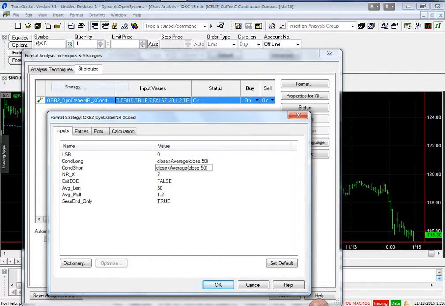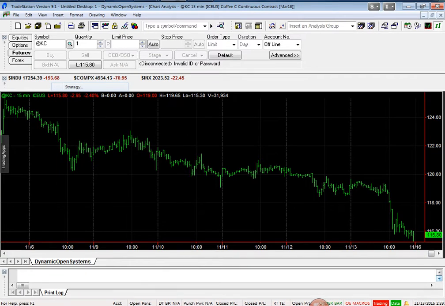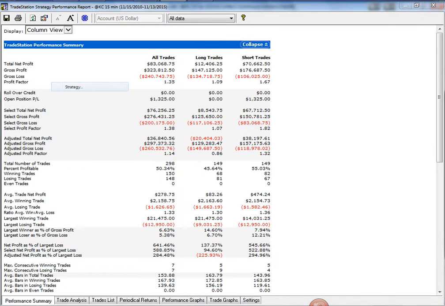So in essence, what we're saying is we only take entries in the direction of the trend. We're using an NR7 here as our default. Let's see what that does for us. $83,278 a trade, 28,000 drawdown.